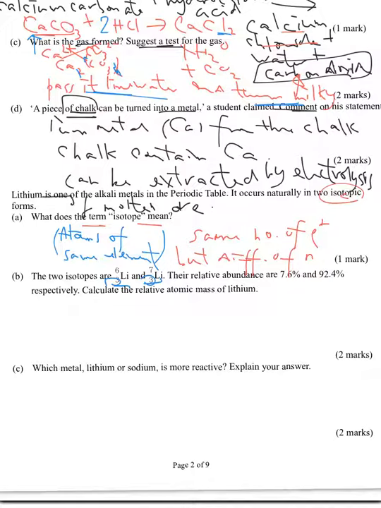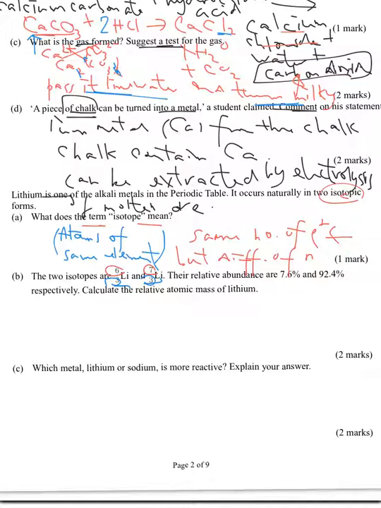They are both lithium. However, the mass numbers are different. That means they have different numbers of neutrons, and this is the only difference between isotopes. So that's why we have the definition here: atoms of the same element with the same number of protons but different numbers of neutrons.